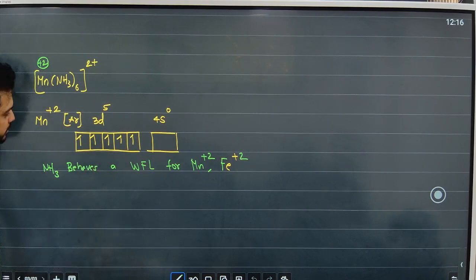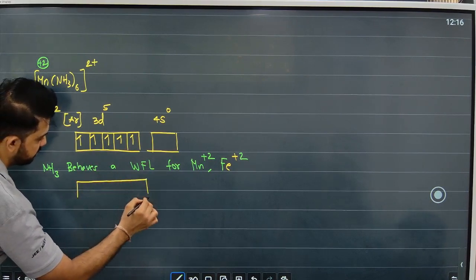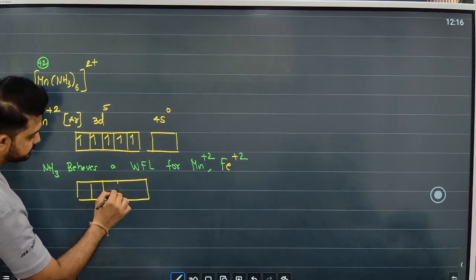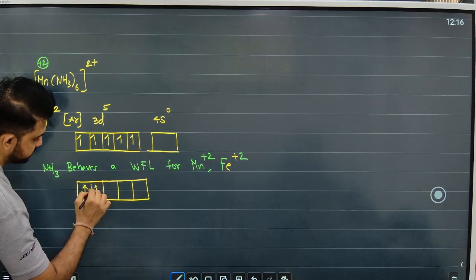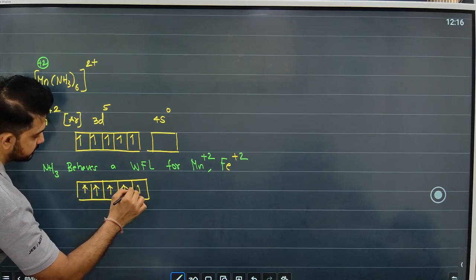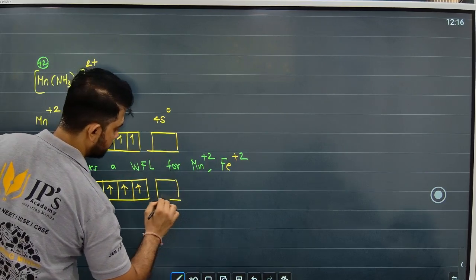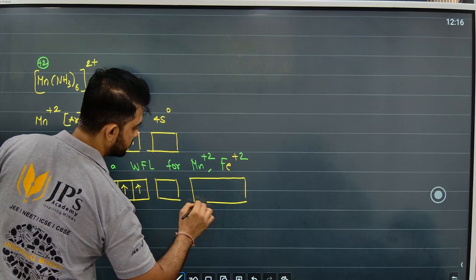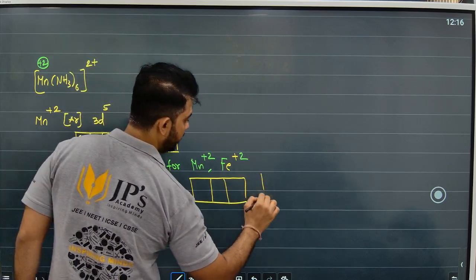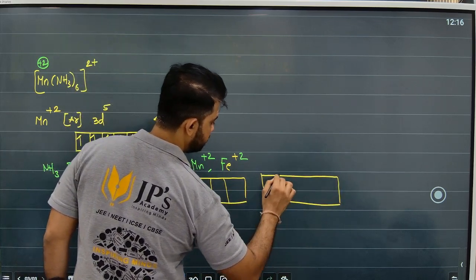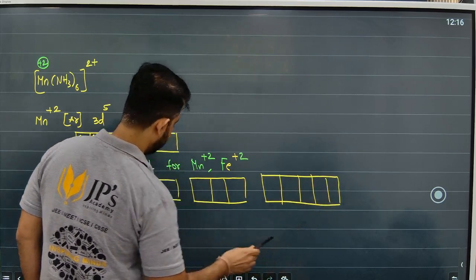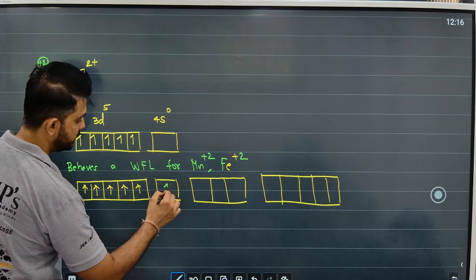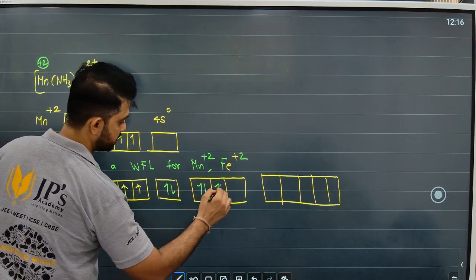Now, we'll quickly give me the hybridization over here, people. Where will I accommodate these electrons? 4s, 4p and 4d. So how many lone pairs do I have to accommodate? 6.